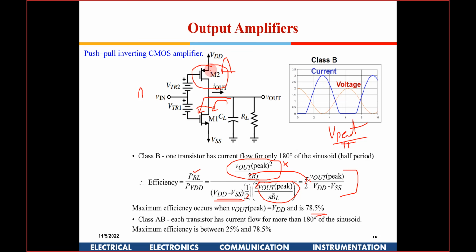There is no biasing current from VDD to ground. Similarly, during the negative cycle, this will be switched off, and only this will be switched on. So this is like an inverter now, isn't it? You are giving the input signal.